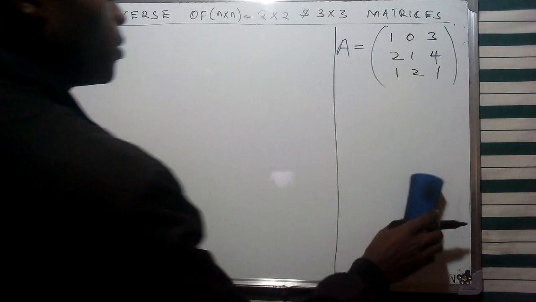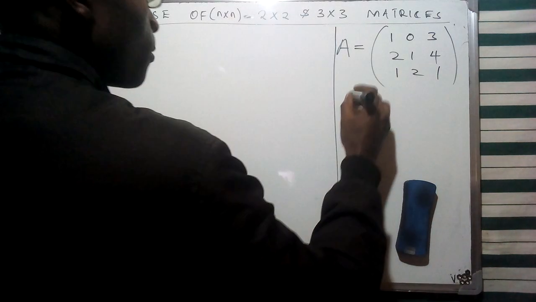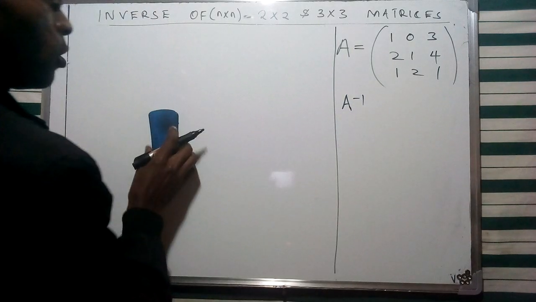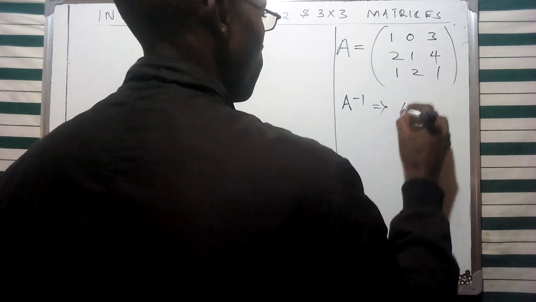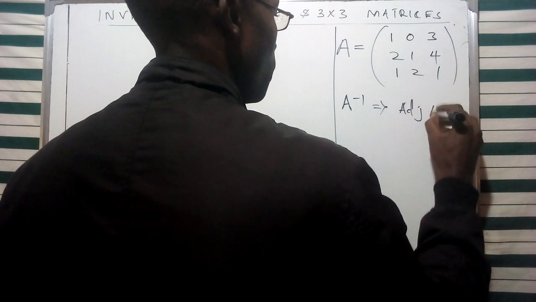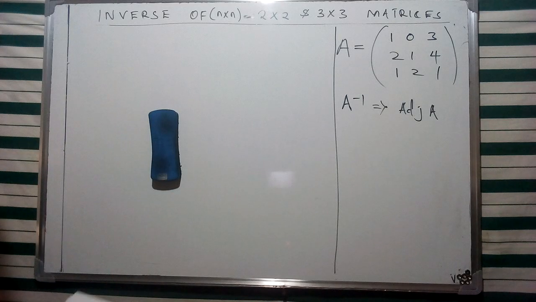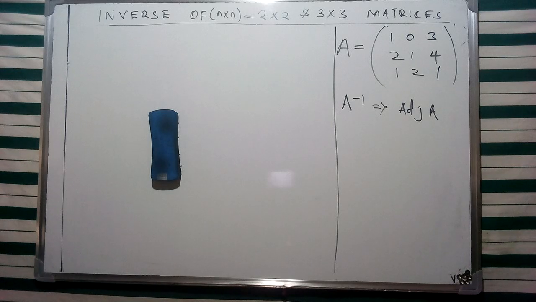So I've mentioned that we're going to use the concept of a determinant, and our main aim is to find the inverse of this square matrix. I've mentioned that we're going to find it by the use of what we refer to as a classical adjoint, which is the transpose of the matrix of the cofactors.